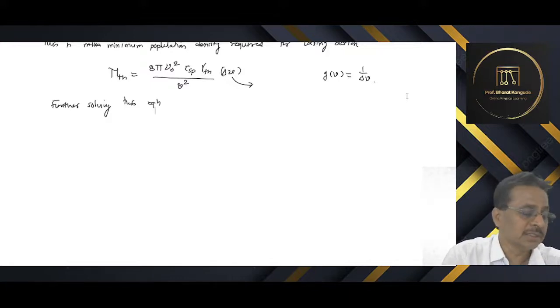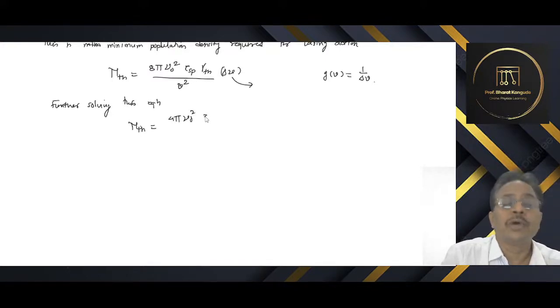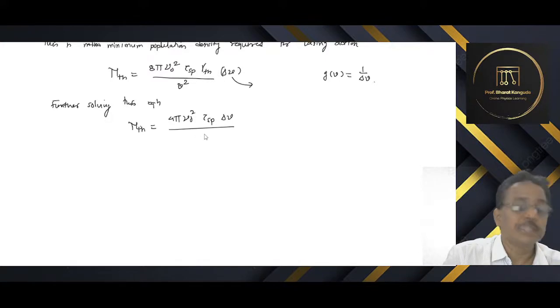Only its applications and its interpretations, etc. will be asked there, and therefore we finally get nth is equal to 4 pi into nu 0 square into tau sp multiplied by delta nu divided by v square, and this bracket is something like L into C divided by capital L.